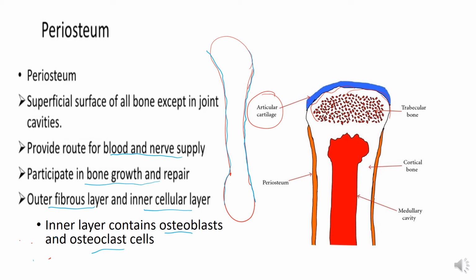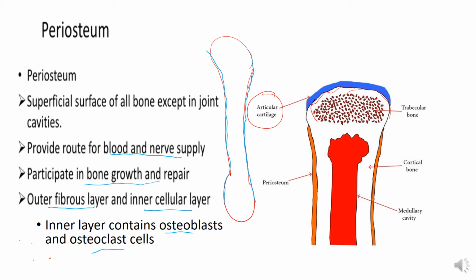It has two layers. The outer layer is tough and fibrous and protects the bone underneath. The inner layer contains the osteoprogenitor cells, which convert into osteoblasts, and then the osteoblasts, after laying down the bone matrix, convert into osteocytes. The cells responsible for bone breakdown, the osteoclasts, are also present here, and they are important in repair and remodeling of the bone.